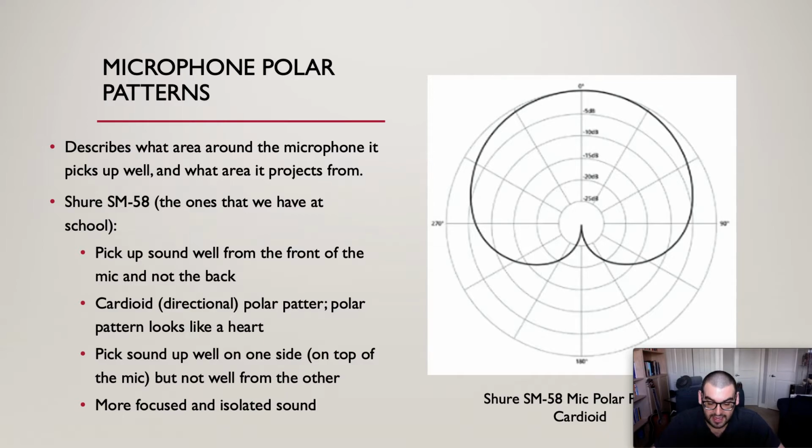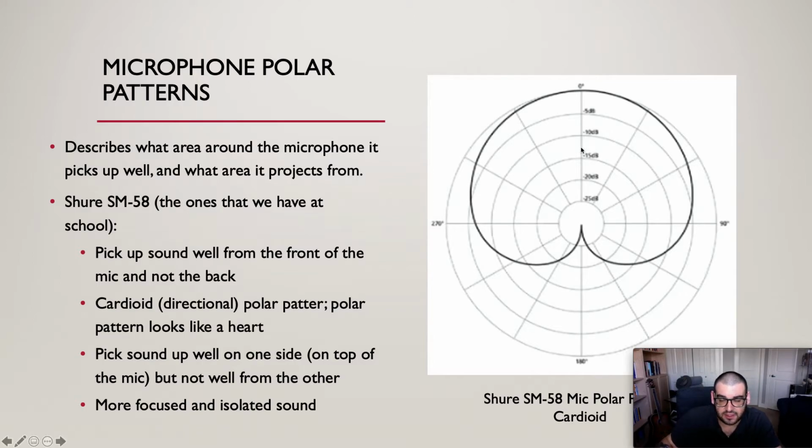It's very loud, and it sends out the signal that this microphone is capturing. So this microphone is designed to be held in your hand, to pick up well from one side of the microphone and not from the back end of the microphone. It's designed to pick up sound from the front and not the back of the microphone itself.